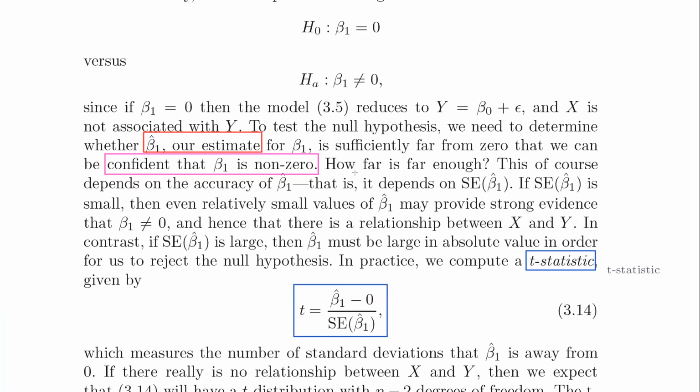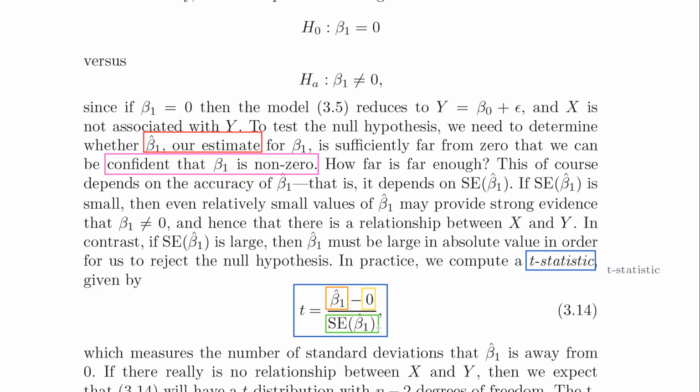Take your beta 1 estimate and see what its distance is from 0. This is the null hypothesis. The null hypothesis is that there is no relationship. This is the innocent until proven guilty. And then you're going to divide by the standard error in the beta 1 hat.